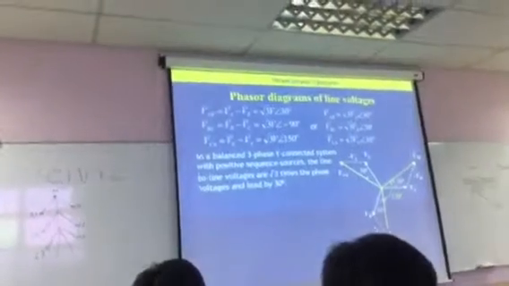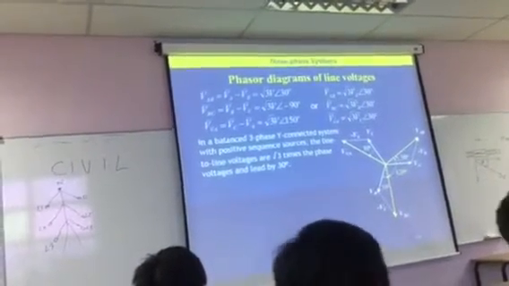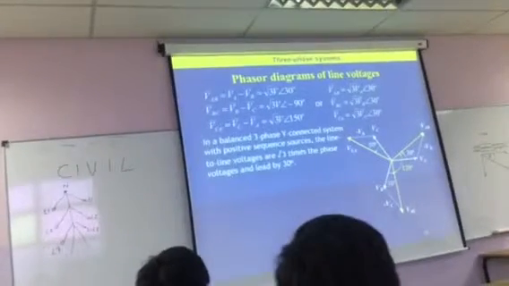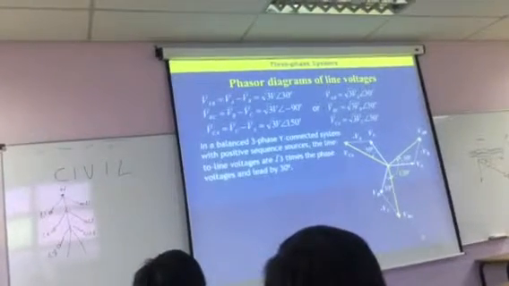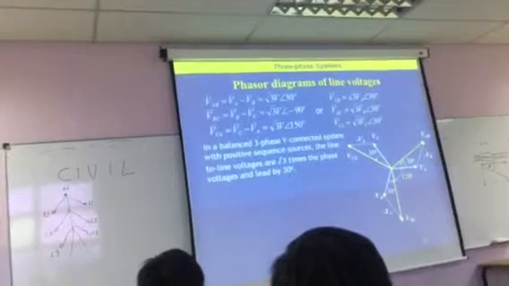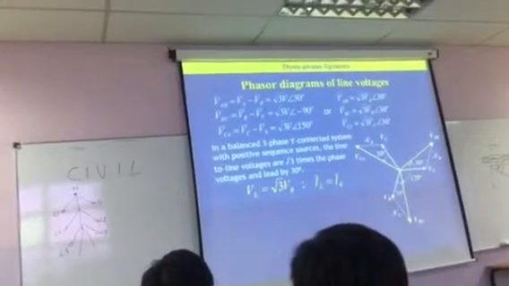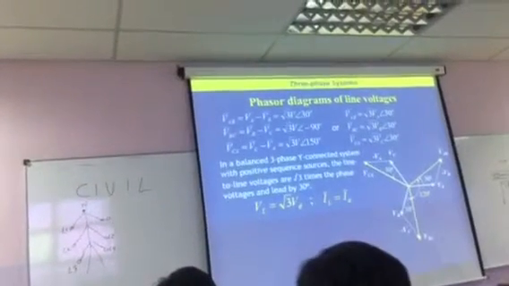So, in a balanced three-phase Y-connected star system with positive sequence sources, the line-to-line voltages are √3 times the phase voltages, and they lead by 30 degrees over the original values.